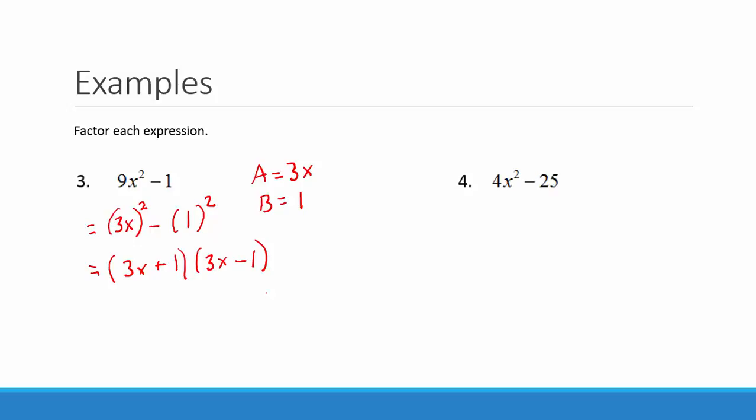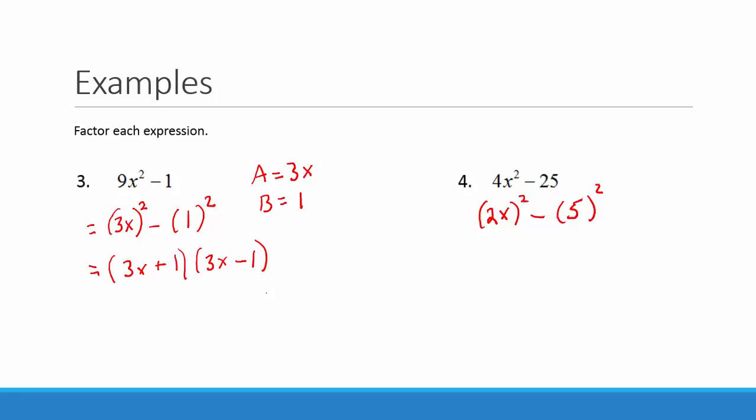Our next example, we can rewrite it as a difference of squares by asking ourselves, what squared is 4x squared? Well, 4 is equal to 2 squared, and x squared is equal to x squared. So we can rewrite 4x squared as 2x all squared. 25 is equal to 5 squared.